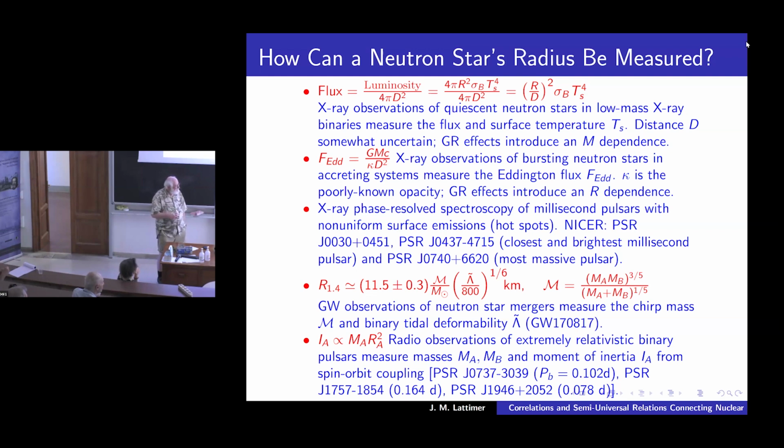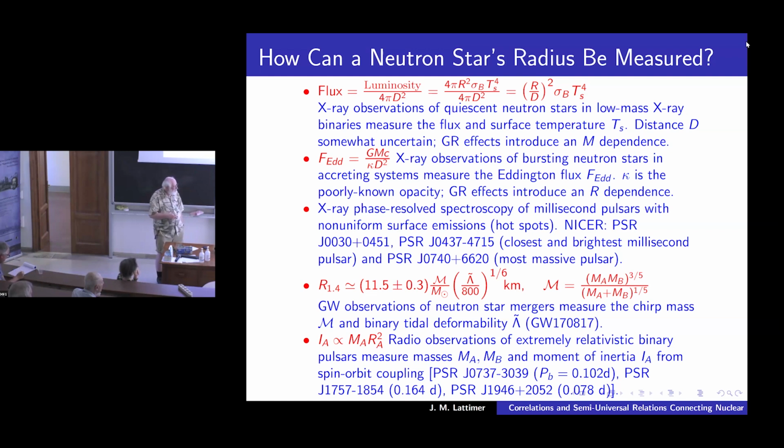The three systems that have been studied so far in detail are pulsar J0030, for which the mass is not independently measured, and two pulsars for which the masses have been determined by pulsar timing. J0437 is the closest and brightest millisecond pulsar, and J0740 is actually the most massive known pulsar with a small error in its measured mass from pulsar timing.